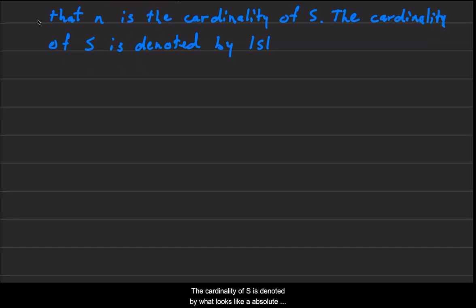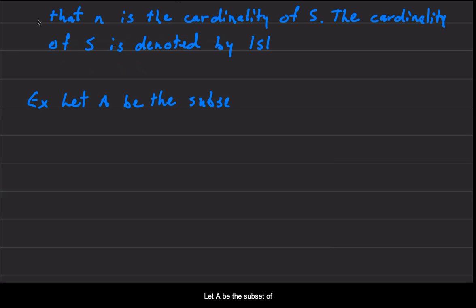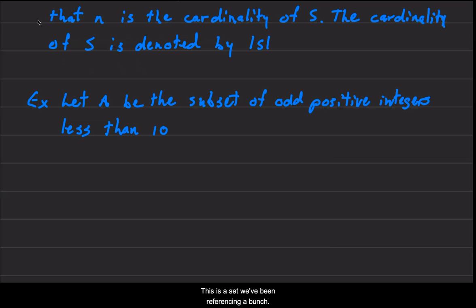So let's go ahead and look at an example. Let A be the subset of odd positive integers less than 10.